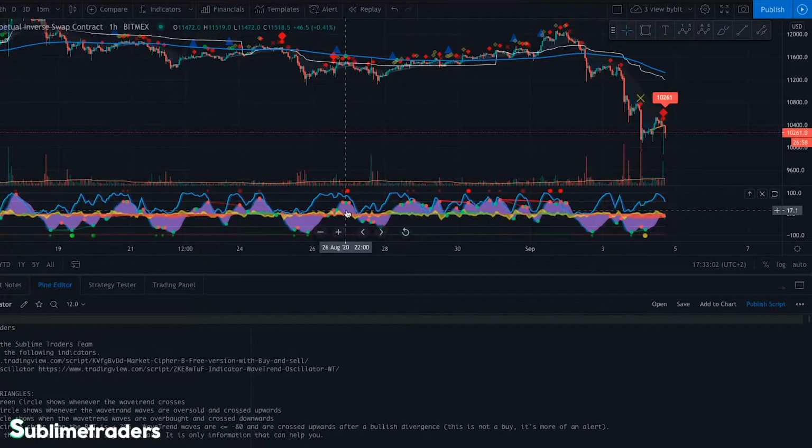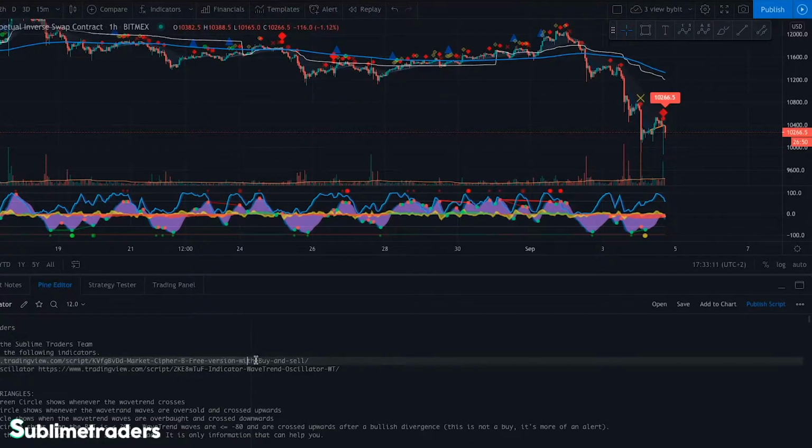This is the Sublime wave indicator that we created. We were inspired by two indicators: one is a market cipher type indicator, and the other one is a wave trend indicator and oscillator. If you want to know more about this, I will link it in the description of the video.